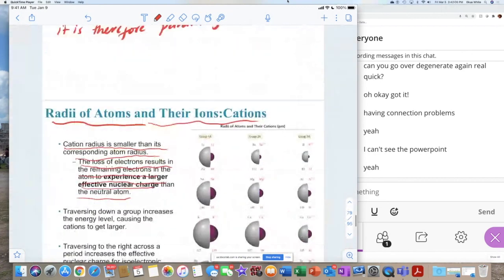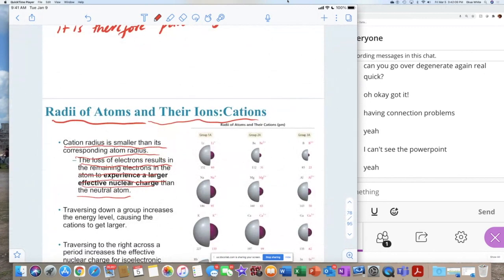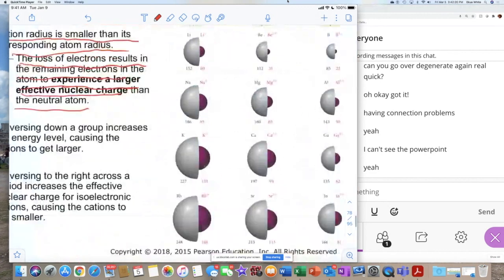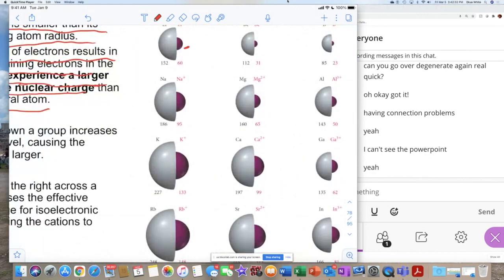So going back here, they talk about all this stuff. The loss of electron results in the remaining electrons in the atom experiencing a larger effective nuclear charge. All the electrons left over now experience a larger effective nuclear charge. And so for that reason, all ions, because you're losing that layer and the remaining electrons experience a greater attraction, are smaller. The pictures on the right, or the half circles, are showing you the relative size of the ion compared to the original atom, right?